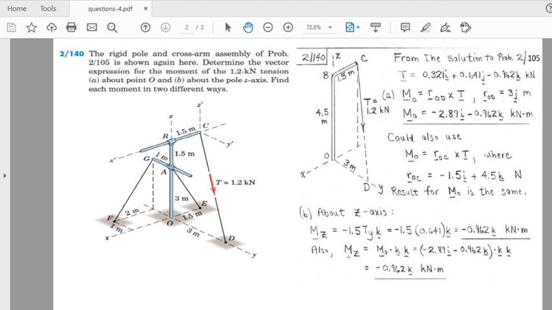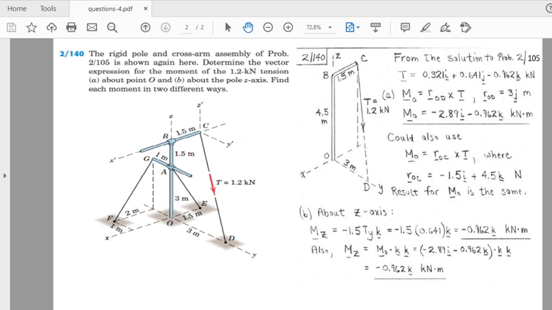The cross product is going to yield the same result. So the result is going to be the same as we obtained with r bar equal to r bar OD, which is given at the top. MO is equal to minus 2.89i minus 0.962k.